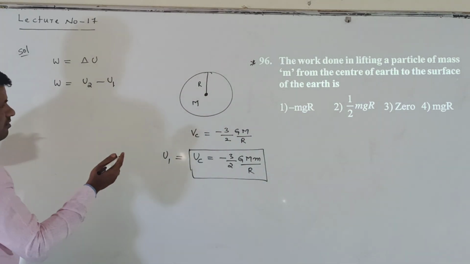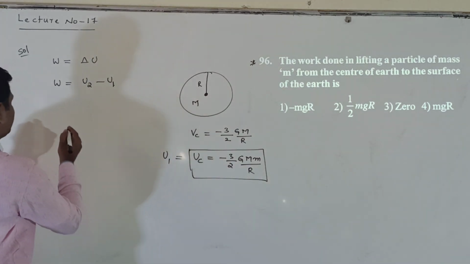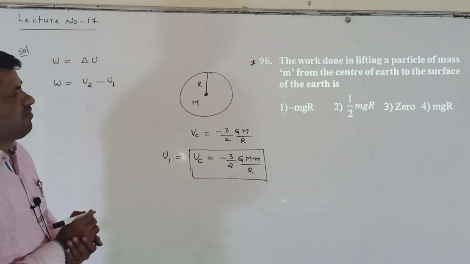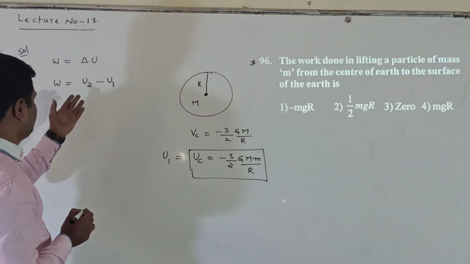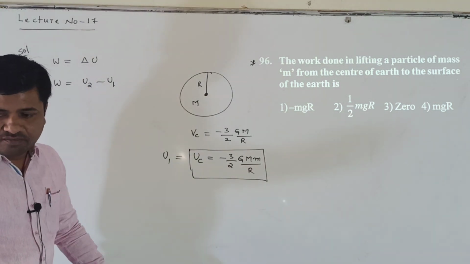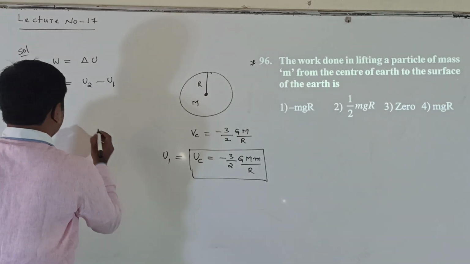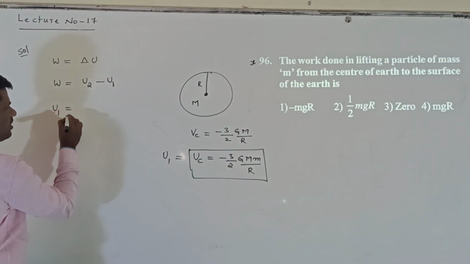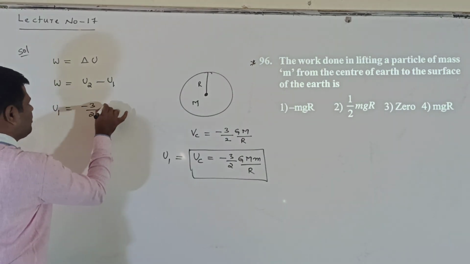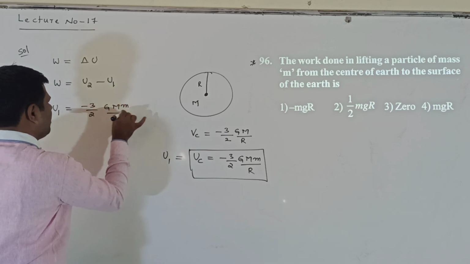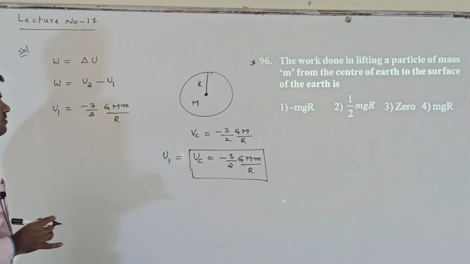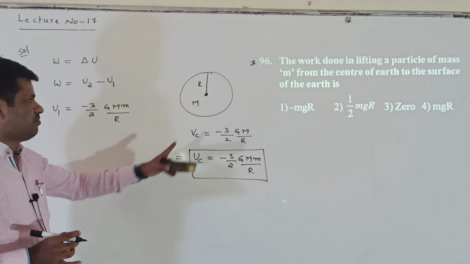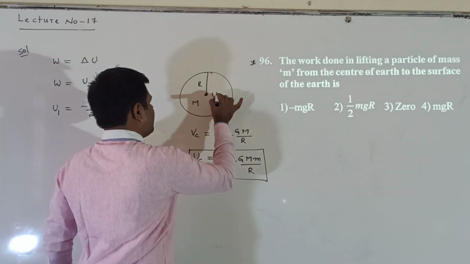The body is lifting from the center of the earth to the surface of the earth. The center is taken as U1, and the surface is taken as U2.